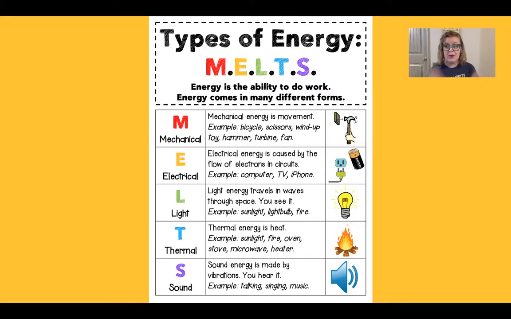So when we talked about heating and cooling in class, remember the heat made the solid change to a liquid, the ice changed to water. That's heat energy. So sunlight can be heat energy, a fire, your oven, your microwave, all of those different kinds of things can be heat energy.